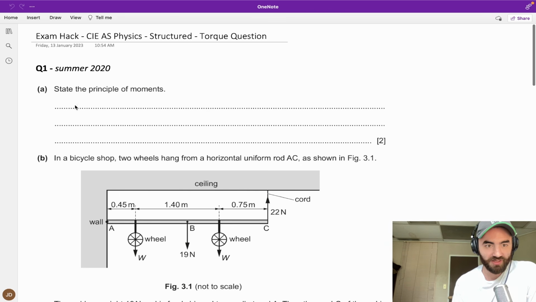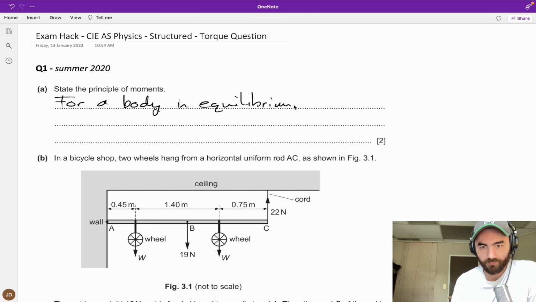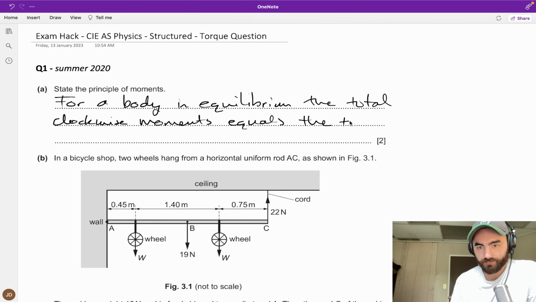Well, just stated, this is, for a body in equilibrium, the total clockwise moments equals the total anti-clockwise moments.